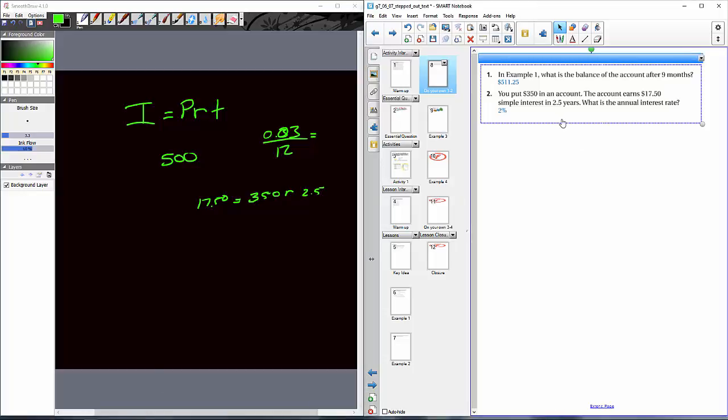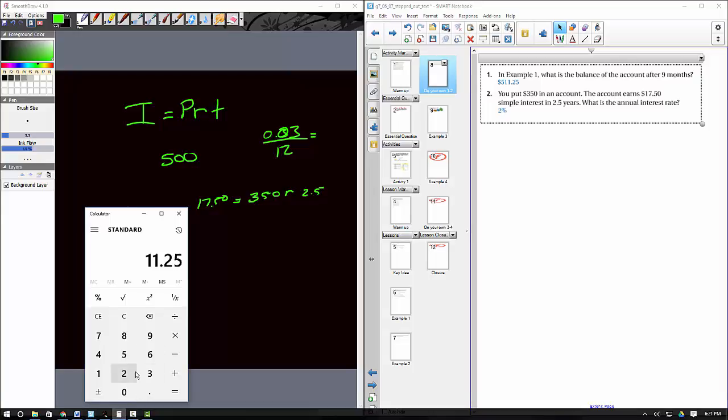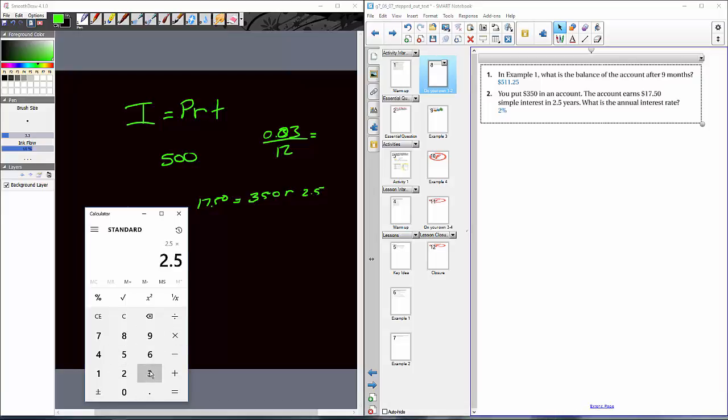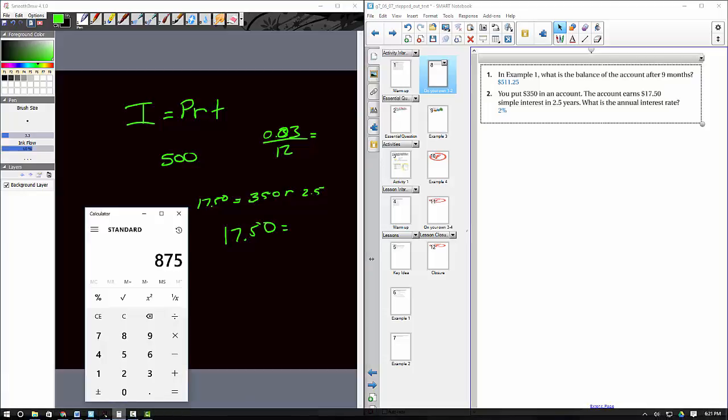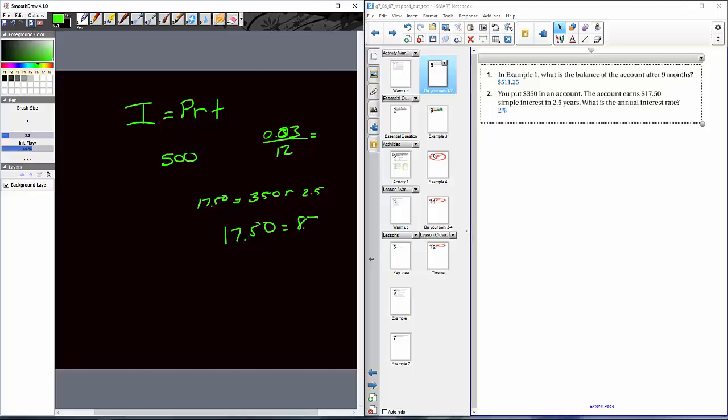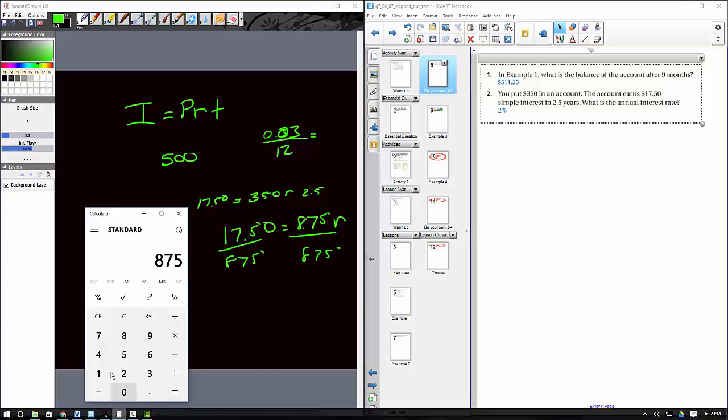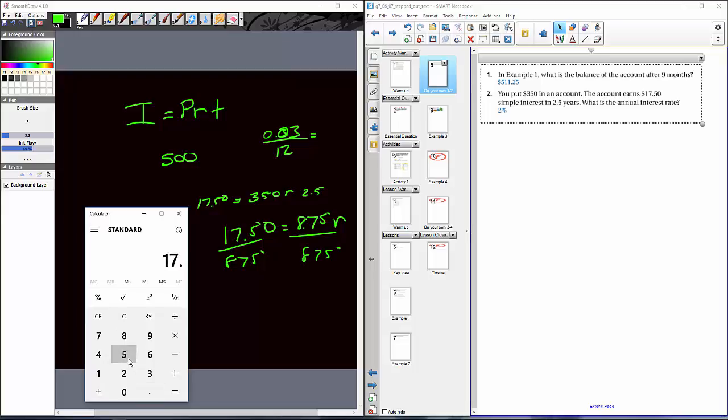So I'm going to take my 2.5 times 350, and I'll have 875 on that side, with 17.50 equal to 875 R. Divide by 875. Moment of truth. So I'll do 17.50 divided by 875, and I get 2%, which is what I have right here too.